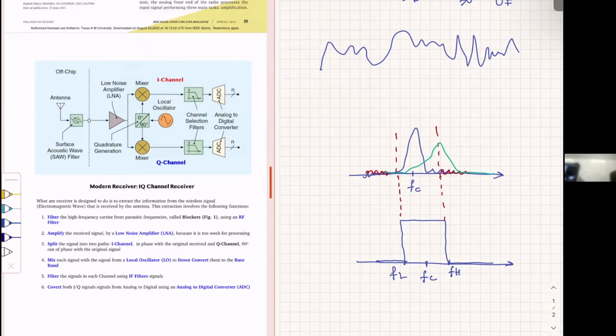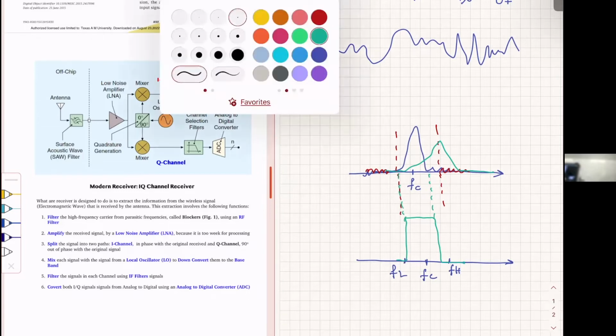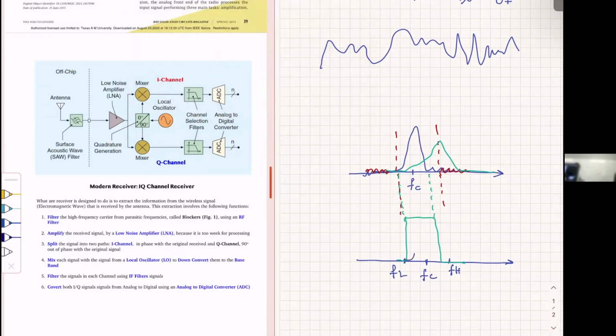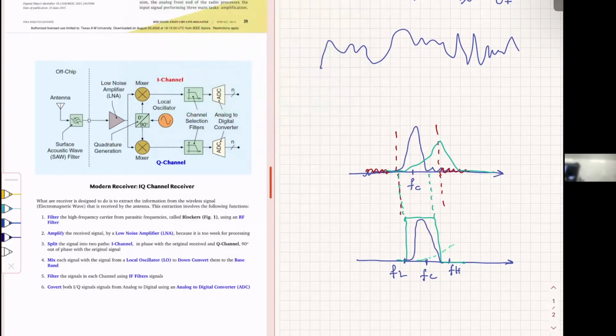Then what I may want to do is remove that, but I have to let mine go through, which means I will have to redesign my filter to be more restrictive in terms of what frequencies it allows to go through, and then make it like that. All right, so practically, this is going to allow my signal to go through, and a little bit of the other signal, which eventually we'll have to eliminate also.